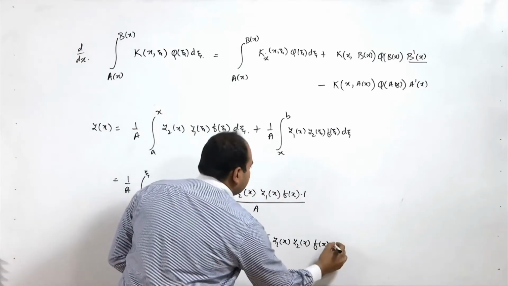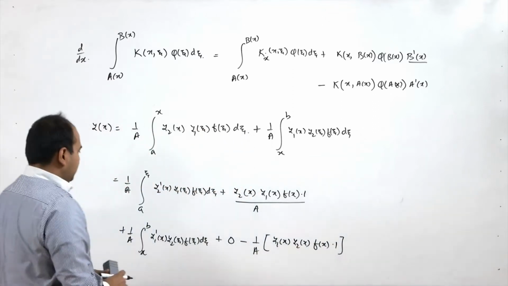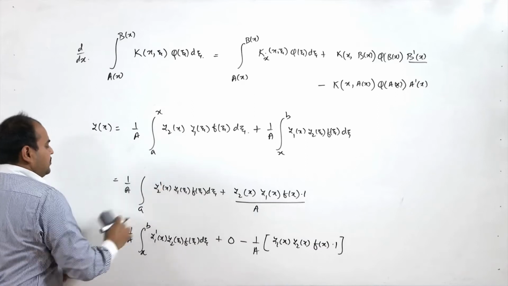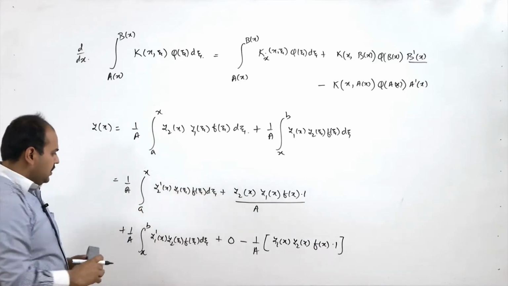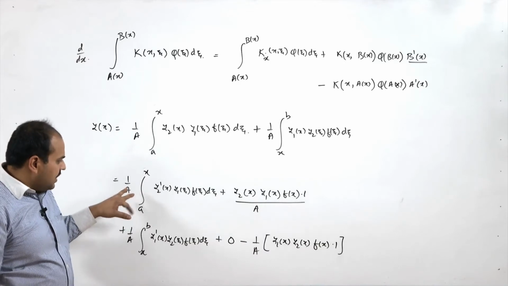So the derivative of x is simply 1. Please correct this also, this is x.